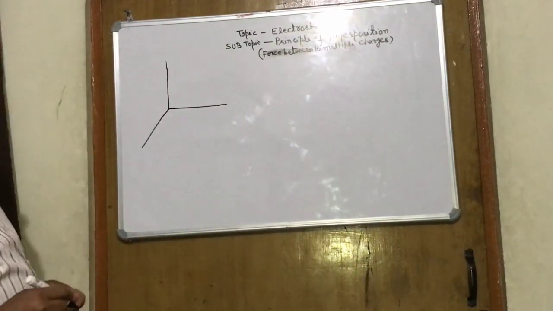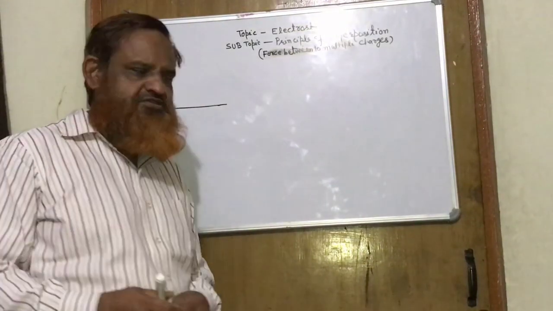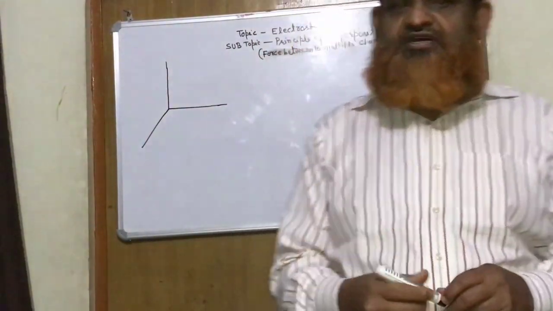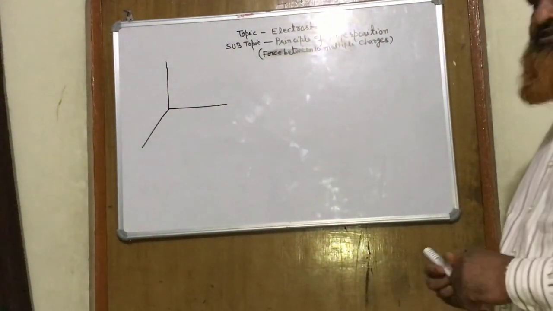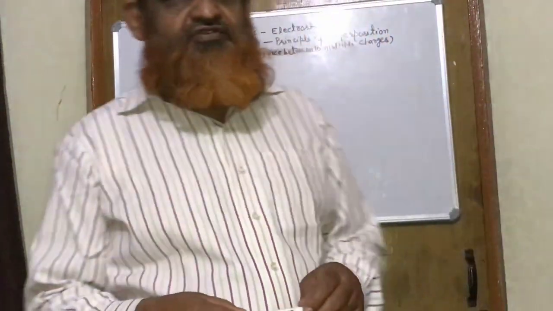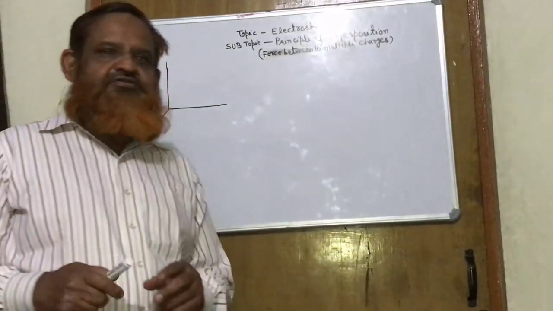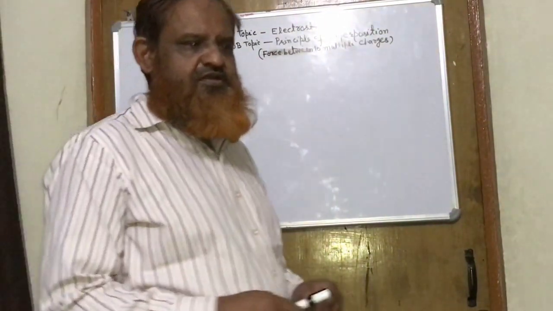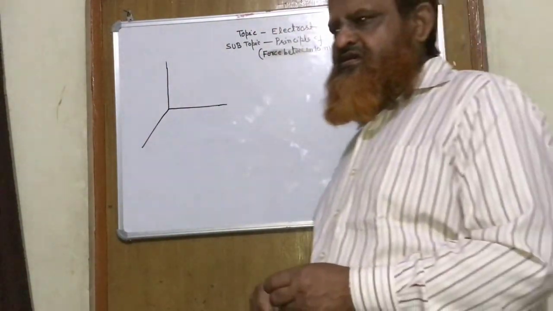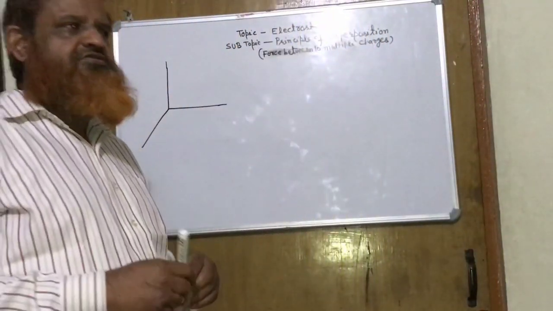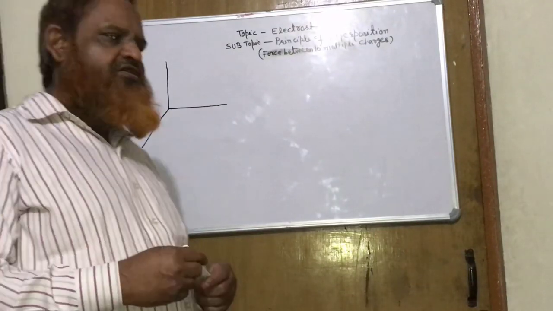Force according to the principle of superposition, or force between multiple charges: the force on any charge due to other charges which are at rest, taken one at a time, is equal to the vector sum of the forces exerted by the other charges on that charge, and the presence of other charges will not affect the force due to any individual charge.